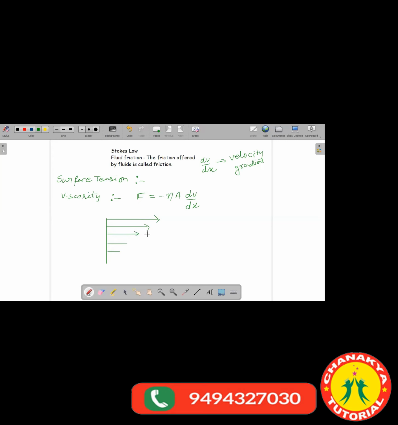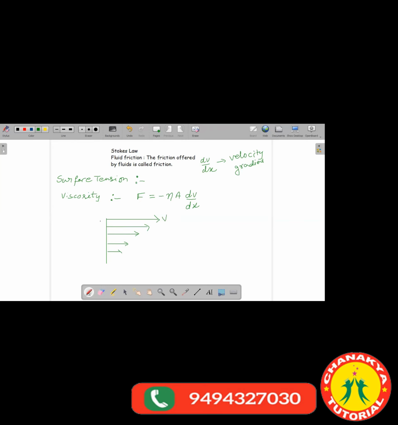In the similar way, the next layer and then the next layer. So what happens here, this will be velocity v, and this will be a velocity something less than this.